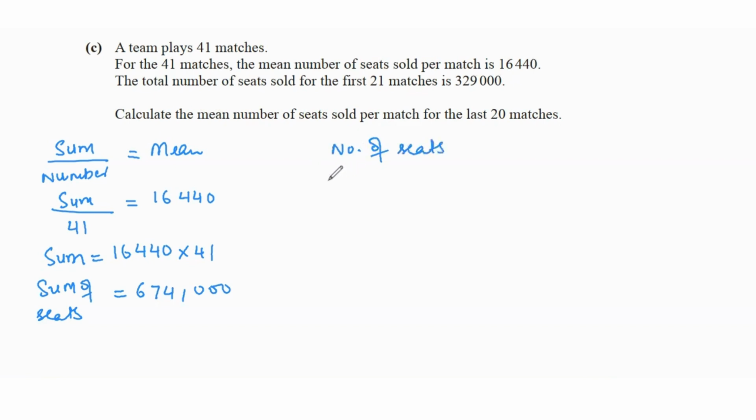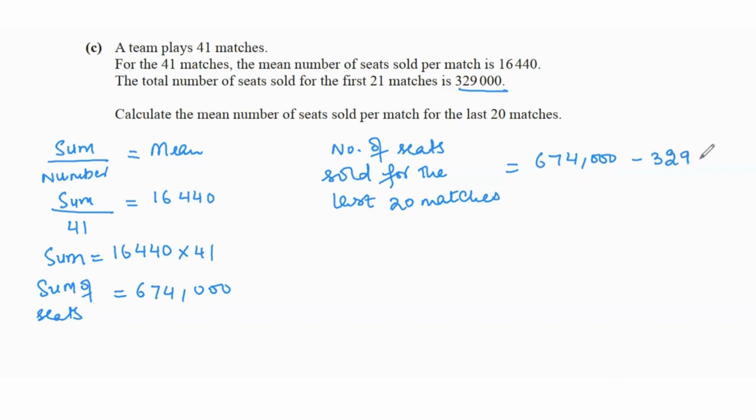We subtract this from the total amount, and that is going to give us 345,000. So that is the number of seats sold for the last 20 matches.